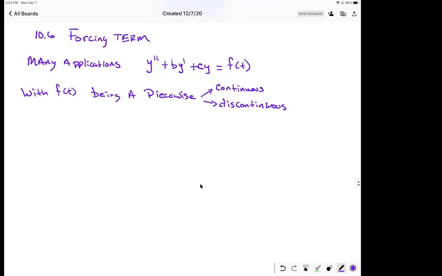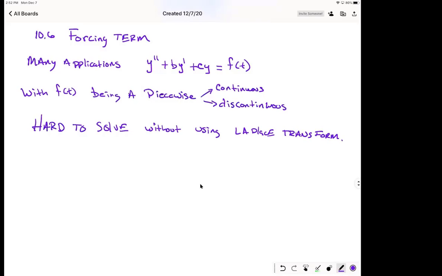And these are hard to solve without using a Laplace transform. I'm not saying you can't solve them, but they are difficult to solve.